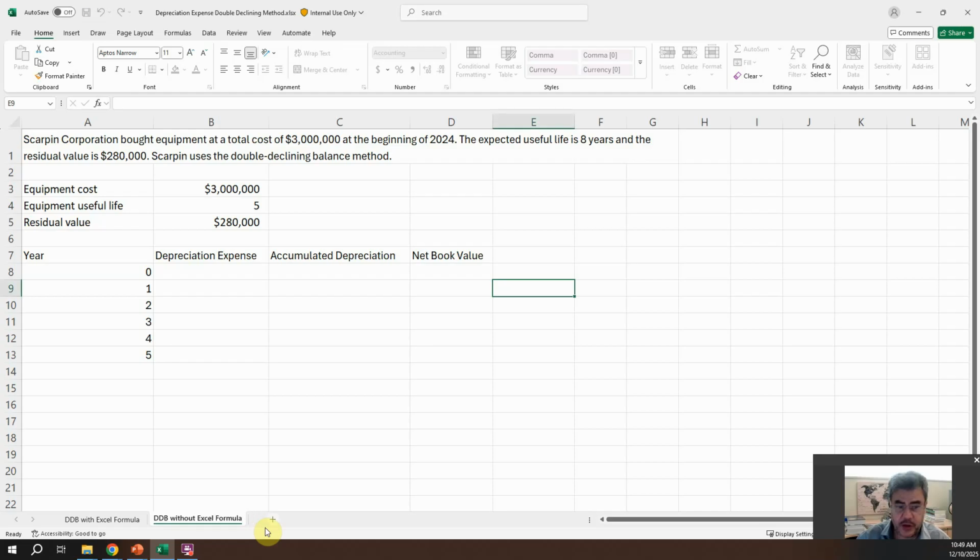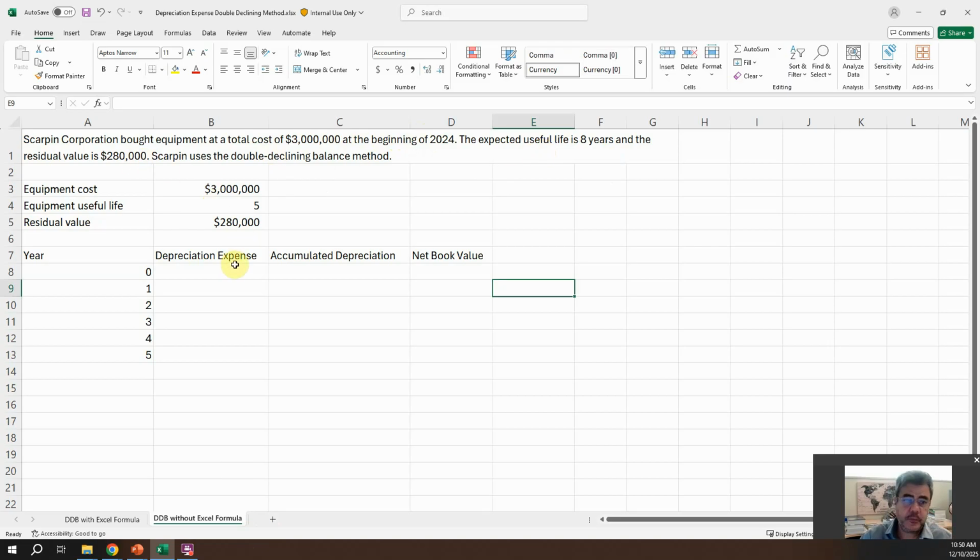So let's go without Excel formula for now. Let's assume a Scarpin Corporation, me, bought equipment at a total cost of $3 million at the beginning of 2024, or any year. The expected useful life is 8 years and the residual value is 280.